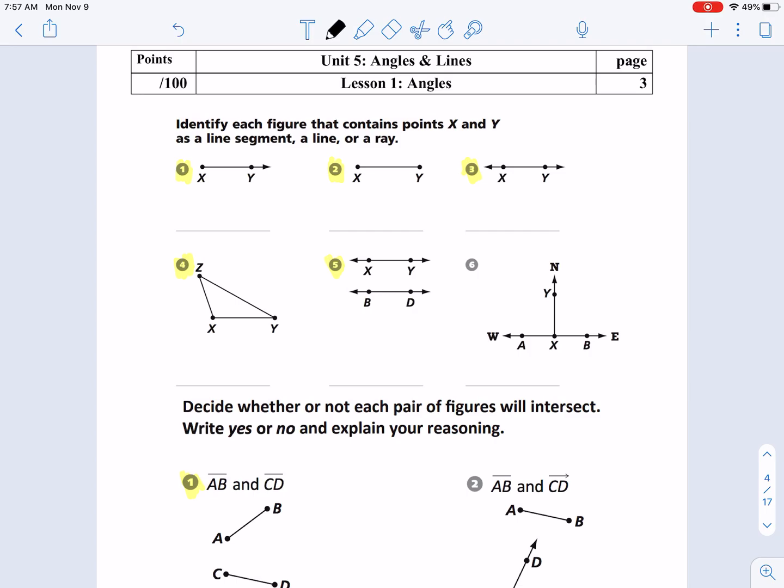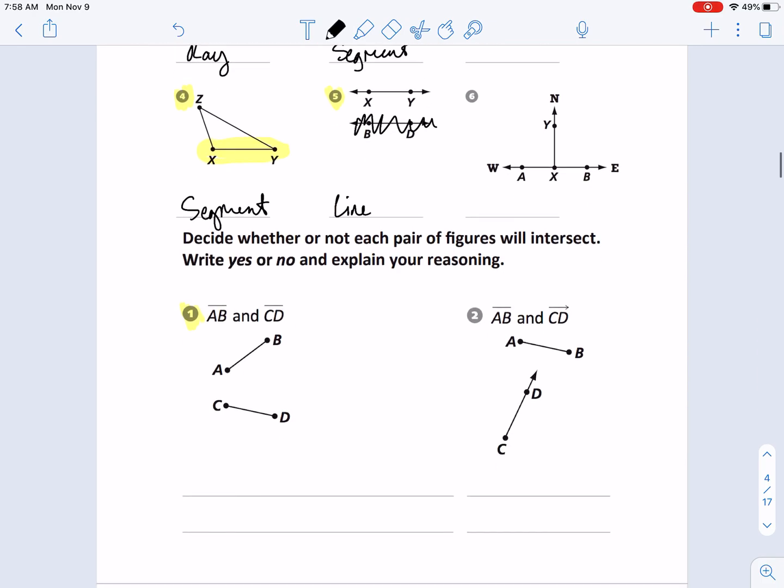Dot, arrow is a ray. Dot, dot, segment. So this one I have multiple pieces, but I'm just focused on X, Y, dot, dot. Tells me it's a segment. Again, I'm only focused on X, Y, arrow, arrow, line.